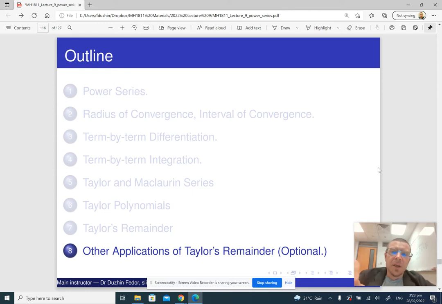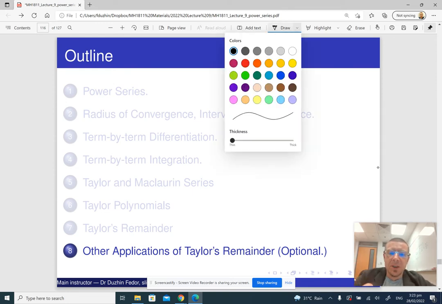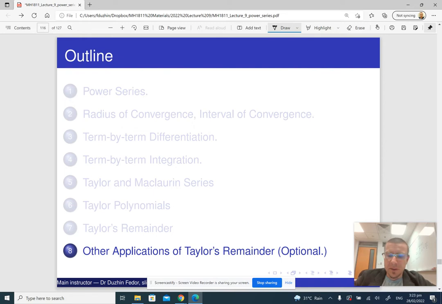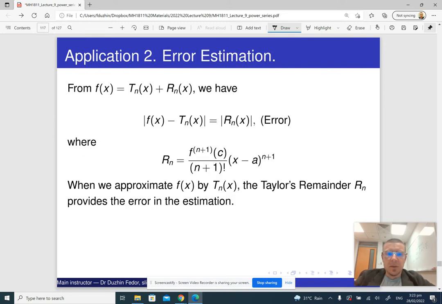In the last part of the lecture, we're going to see some more applications of Taylor's remainder. Specifically, we're going to see how to apply Taylor's remainder to evaluate the error of approximation.